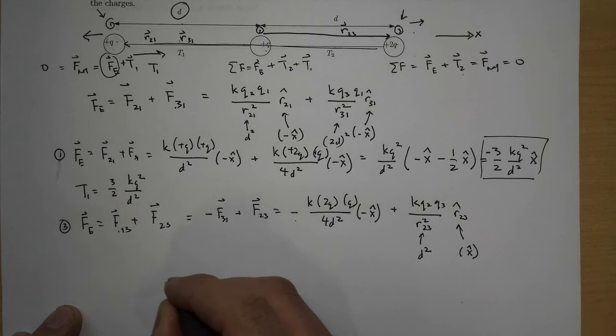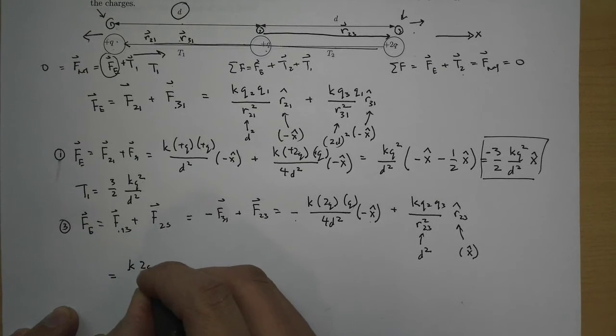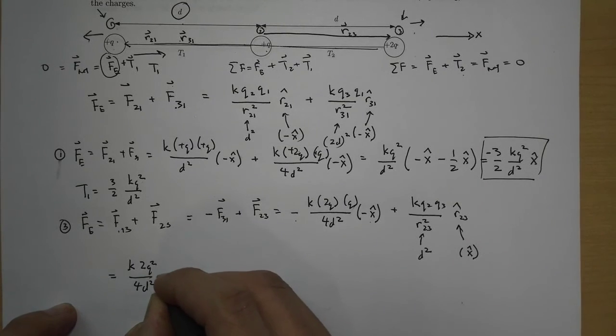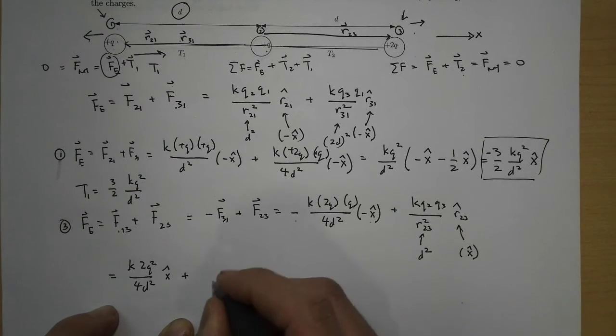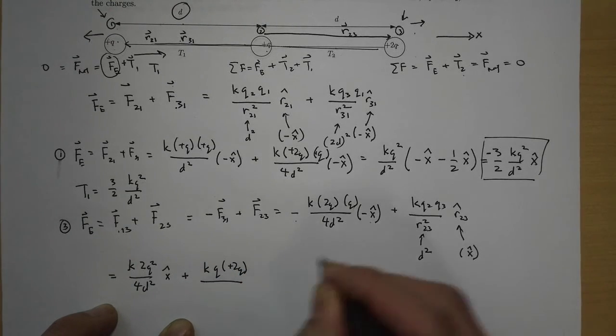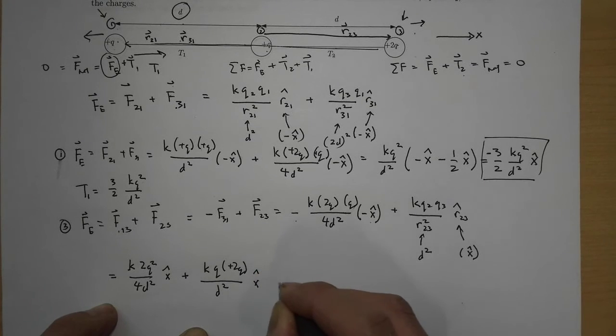So let's put this all together now. A minus a minus is a positive, so k 2q squared over 4d squared in the x hat direction, plus this one is going to be k, Q2 is a plus q, Q3 is again a plus 2q, divided by d squared, in the x hat direction.